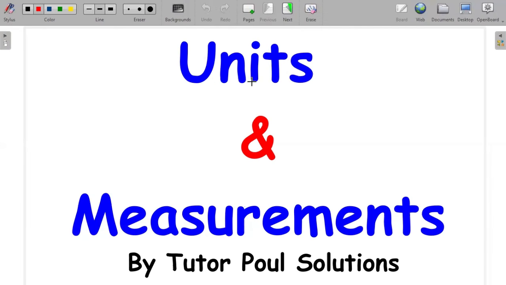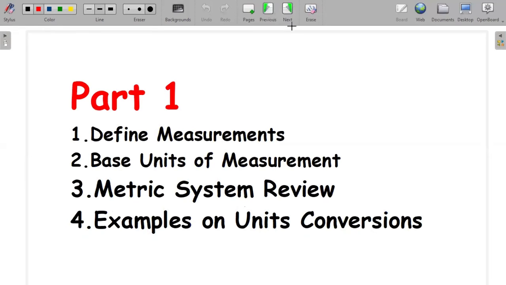So we'll be looking at units and measurement part one. In part one, we're going to discuss the following. We're going to define what a measurement is, and also give an example of what a measurement is. Number two, we are going to talk about the base units of measurements. There are just 7 of them, and from the 7, we get all the other units that you can think of.